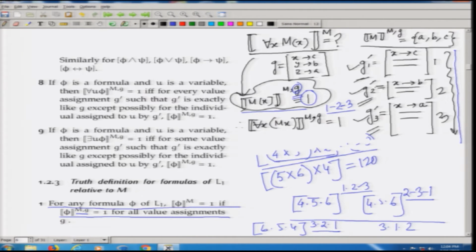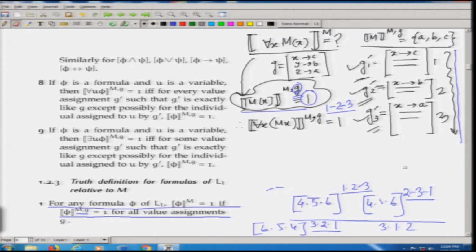M is the model and g is the value assignment function. Now the next step is, what guides us is rule 8, so we can write B8. But we haven't got rid of the g, as I said. It is still specific to one direction, that is 1 2 3, where the first was x takes c, then x takes b, and the third was x takes a.